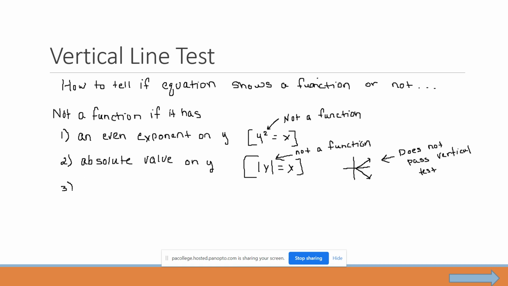Number 3, something is not going to be a function if there is no y in the formula. So as my example here in a box, I have x equals 2. There's no y, so not a function.